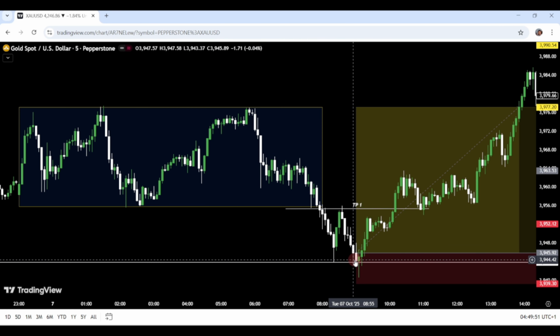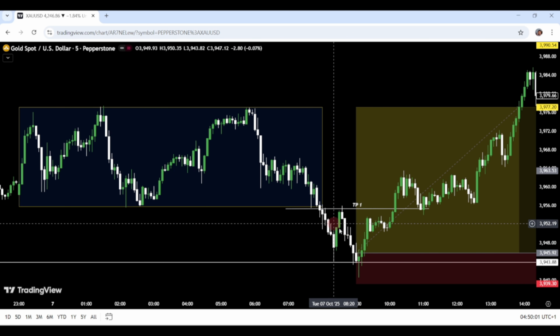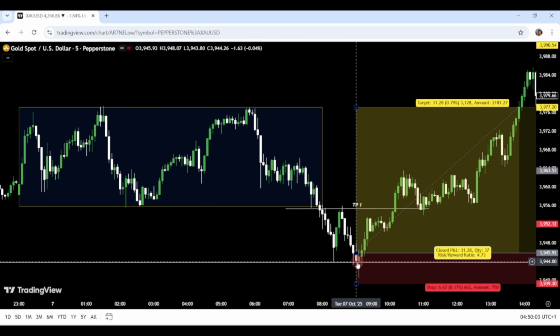Unfortunately, I bought here. This was supposed to be my entry here, and I will explain why this is supposed to be my entry, and why I bought here. So price pulled back to this place. If you want to trade this setup I'm teaching you, please do not buy here, because it might be a sell continuation.